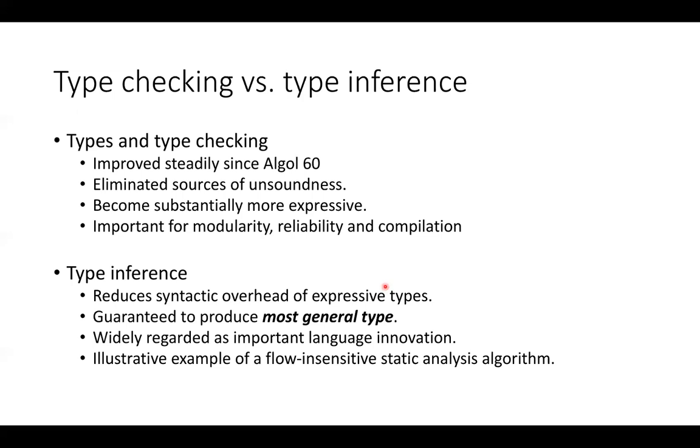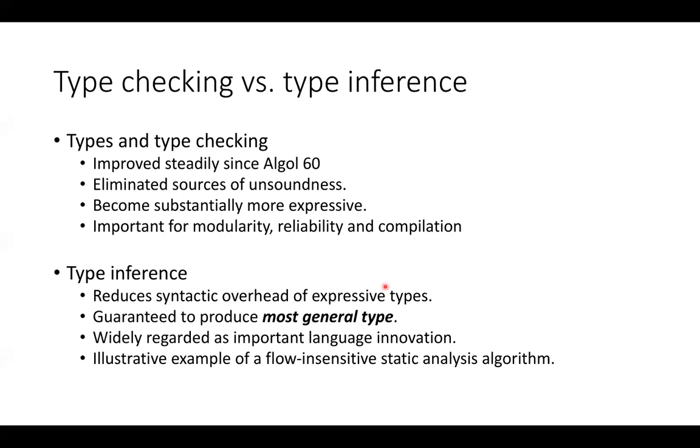I was reading about this earlier, and there are these weird closure examples where it's impossible for you to annotate the type, so it has to be inferred for you, which I thought was kind of interesting. I don't fully understand why that is, but PL people really feel like this is an important language innovation.